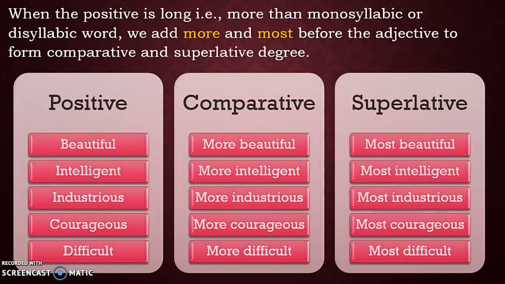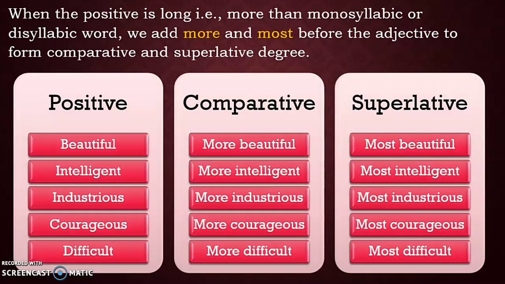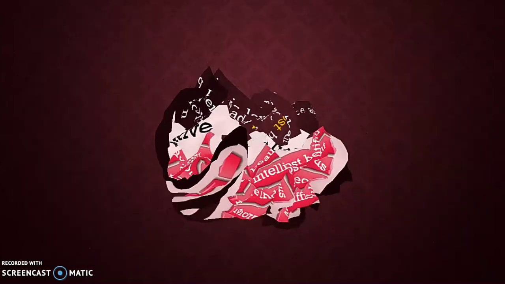Here are a few examples, like in positive, beautiful, it will be more beautiful in comparative, most beautiful in superlative. Intelligent, more intelligent, most intelligent. Industrious, more industrious, most industrious. Courageous, more courageous, most courageous. Difficult, more difficult, most difficult.